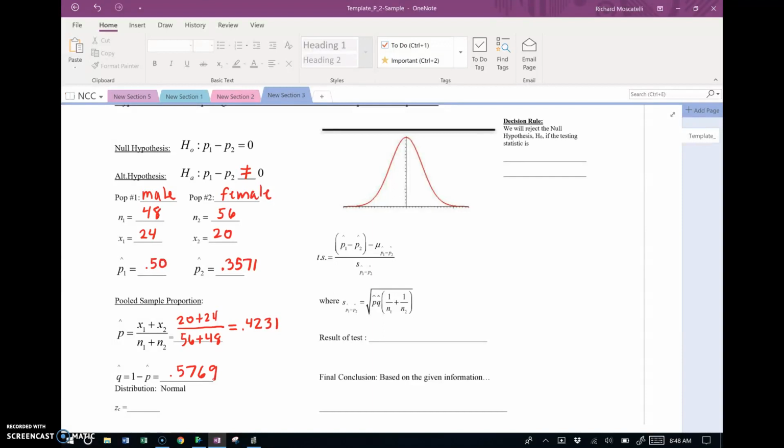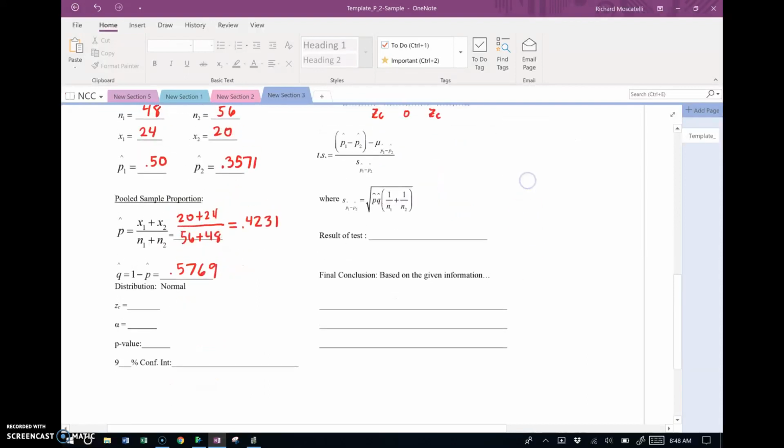Now remember, there's a critical z-score for this test. But what I like to do first is draw my picture and label my critical regions. This is a two-tailed test because the alternative is not equal to 0. So here are my critical z-scores. They told me alpha was 5%, so alpha is 0.05.